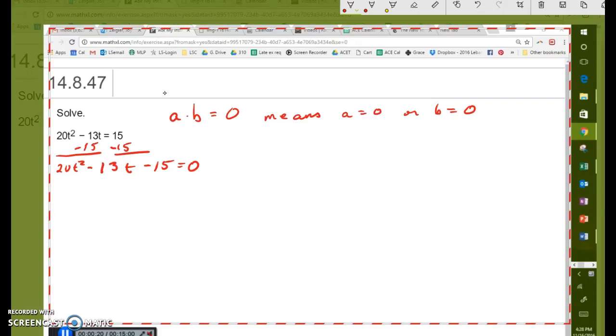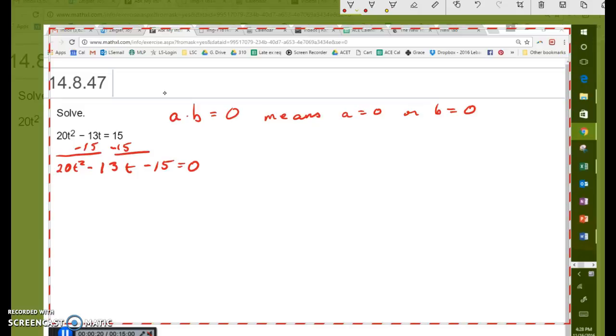Alright, so we've got it equal to 0, but we still can't apply the zero factor property to solve because we don't have things multiplied together. Instead of A times B equals 0, we have A plus B plus C equals 0, or 20t squared minus 13t minus 15 equals 0. So that means we need to factor this problem before we can solve it.